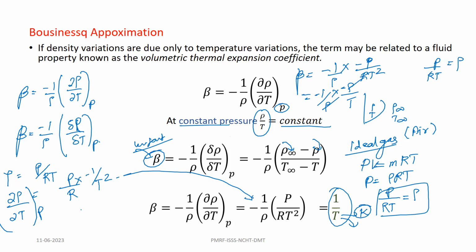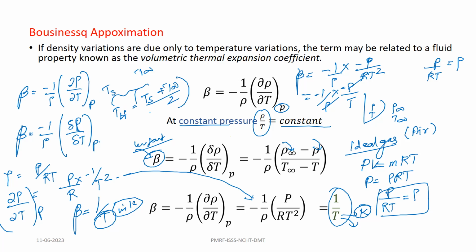So for determining the volumetric thermal expansion coefficient, you just need to determine the temperature in Kelvin of that fluid. If that fluid has a variation from T to T infinity, what will we do in calculation? We will determine the bulk fluid temperature, which is Ts plus T infinity by 2.